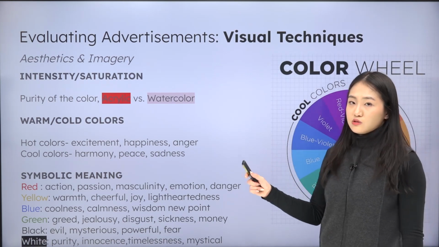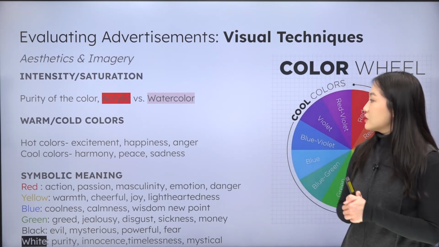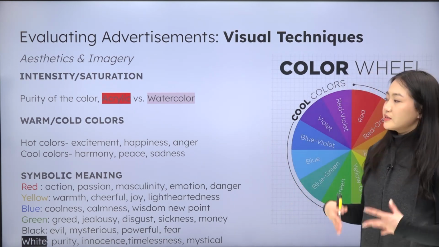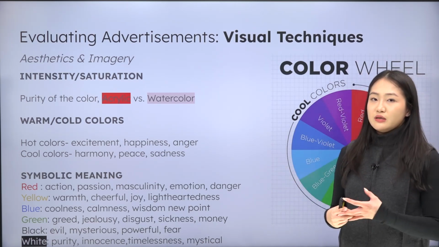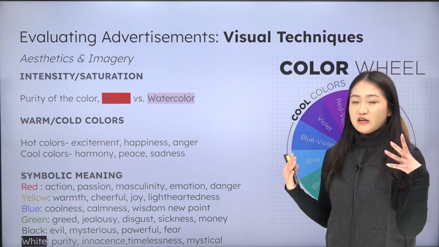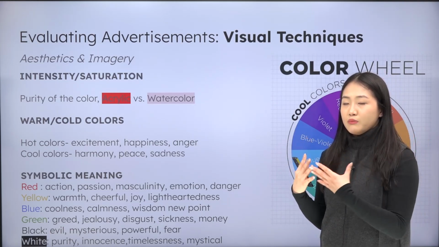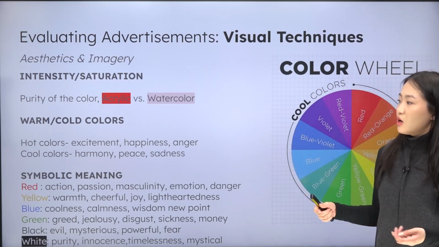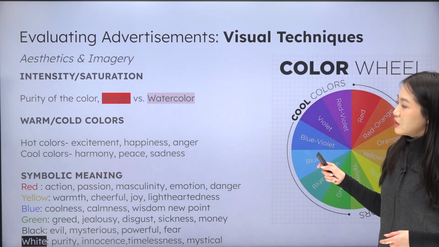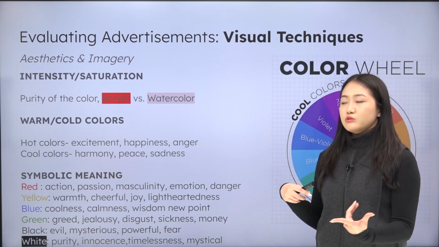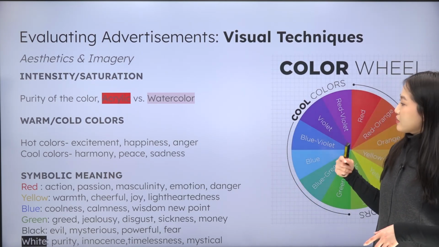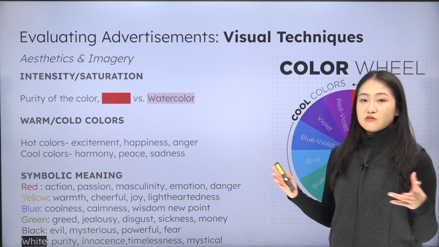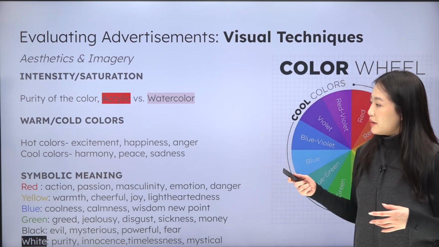Hot or warm colors are usually used to show excitement, happiness, anger, or something very positive or a very strong emotional outlook. While cool colors, like blues, are used for sadness, green is for peace, or purple, it kind of creates a harmony.